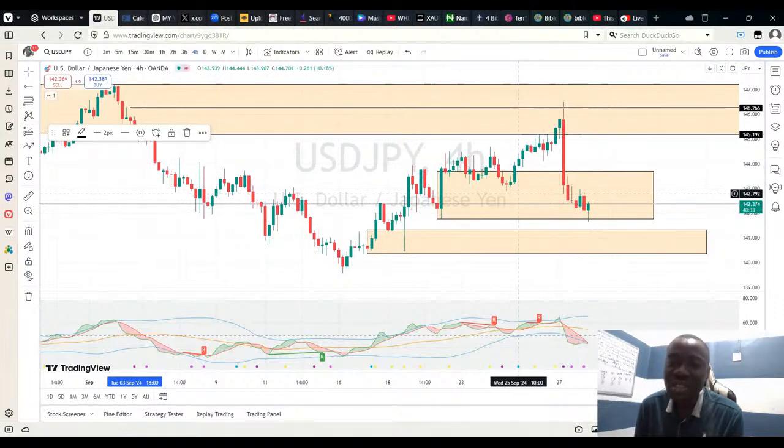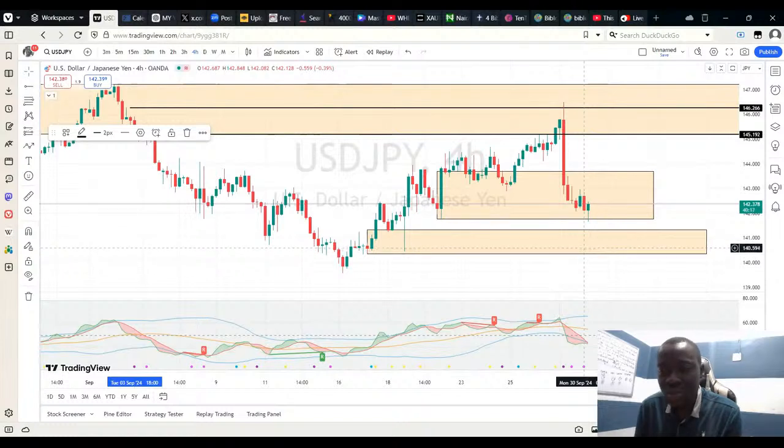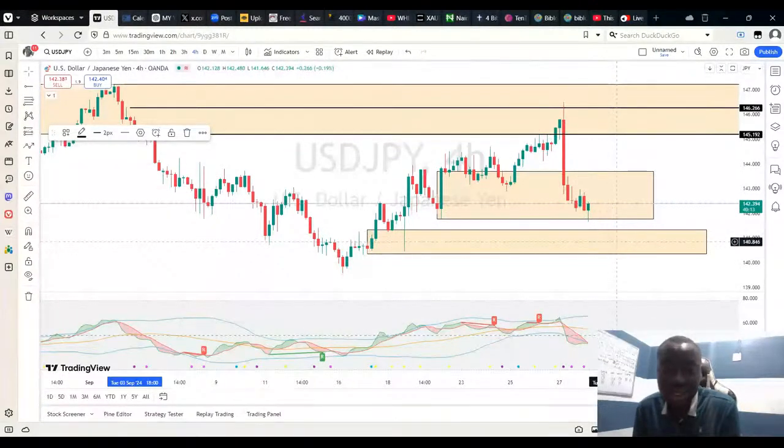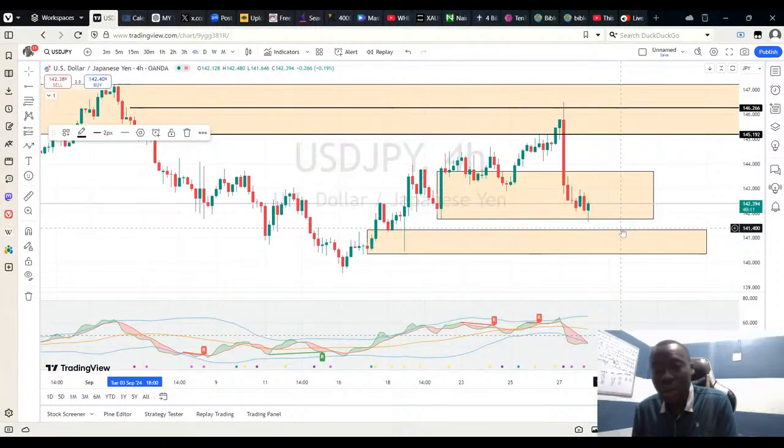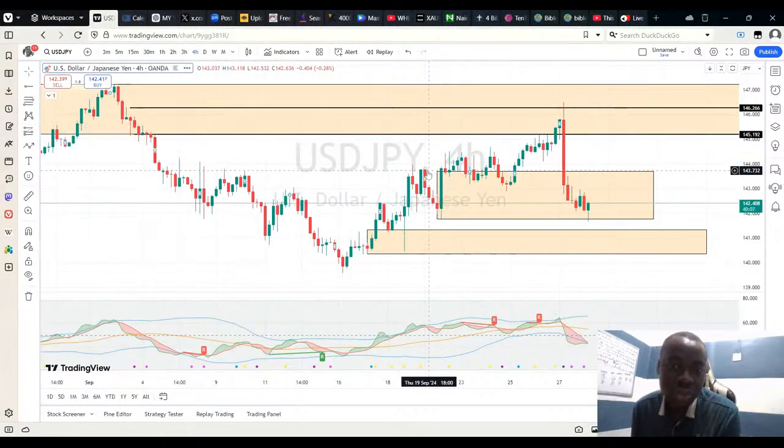This is the first TP that I gave to us, that we should expect our TP1 to be at 1.4330, then second TP to be at 1.4200, then third TP to be at 1.4150. So that is where I'm expecting this USD JPY to get to before we look for any buy opportunity again. So far, so good.